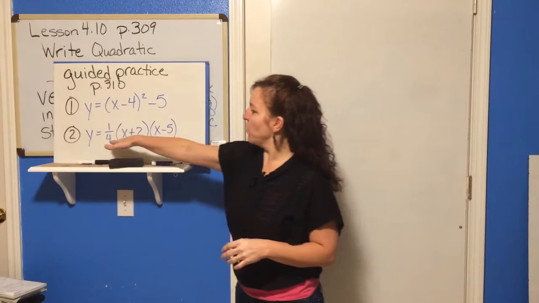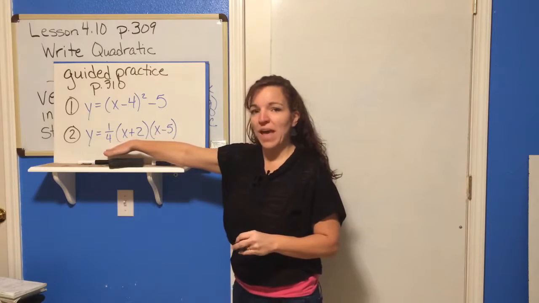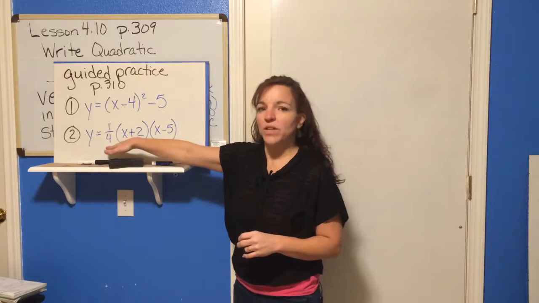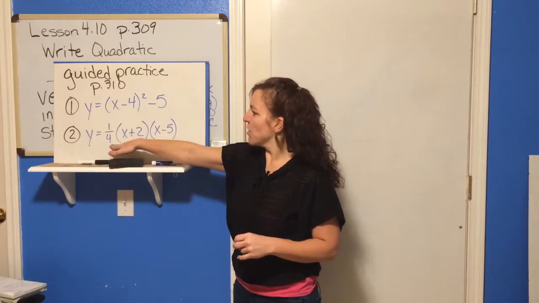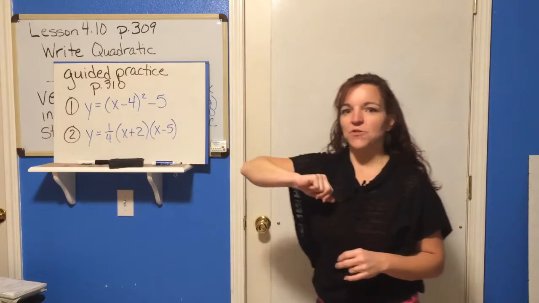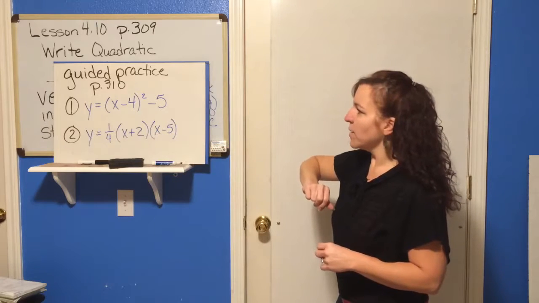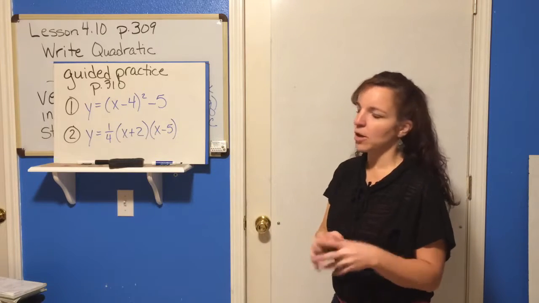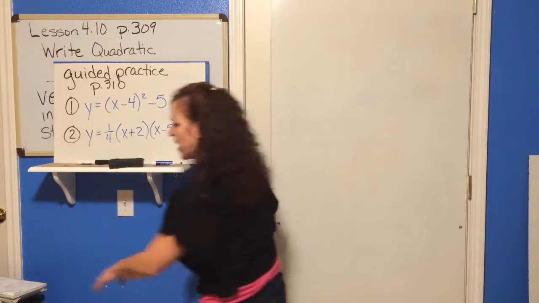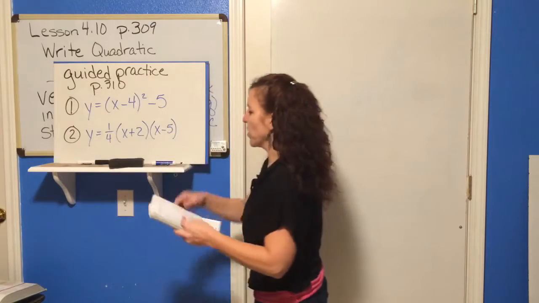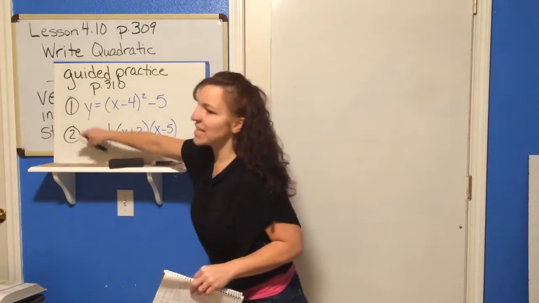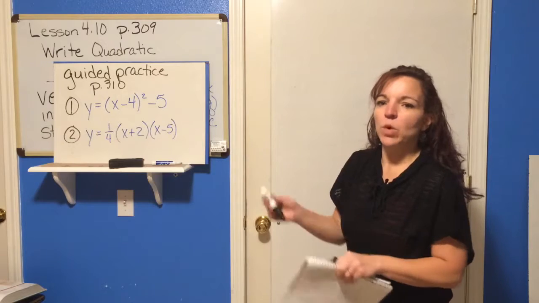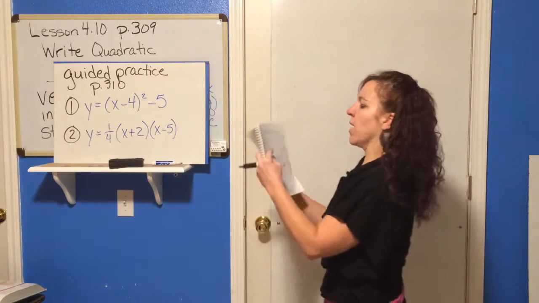Some of you may have the 1/4, some of you may have 0.25. Either one is fine. So the fraction or the decimal, either way is fine. So hopefully you got those. If not, go back and see what you did wrong and figure it out before you go to this one, because this next type is a little bit more time consuming.